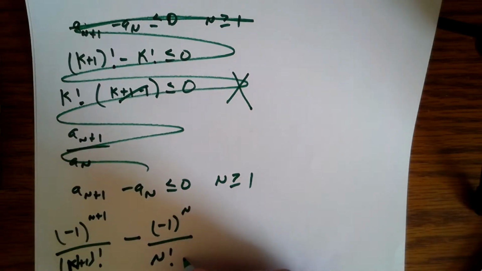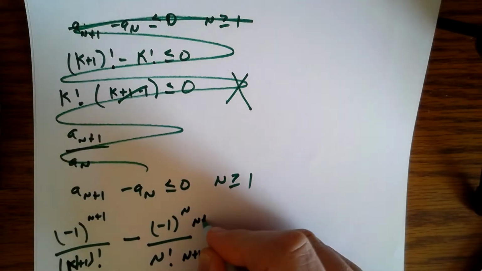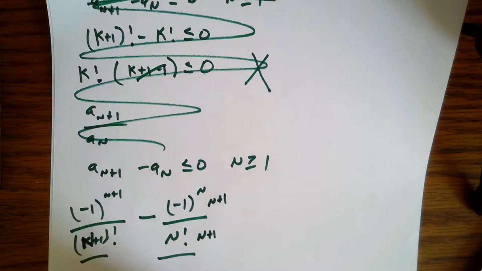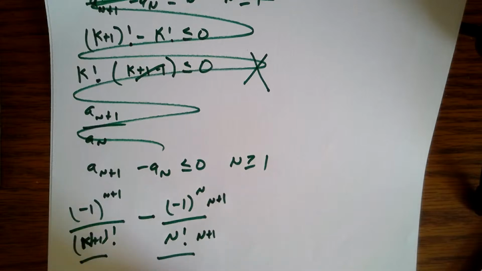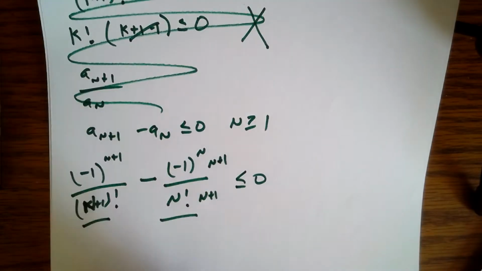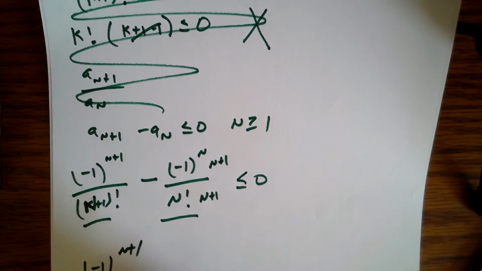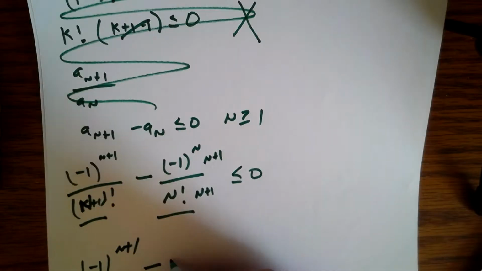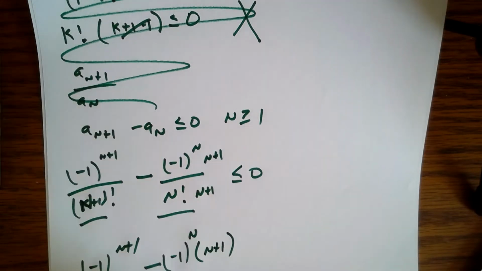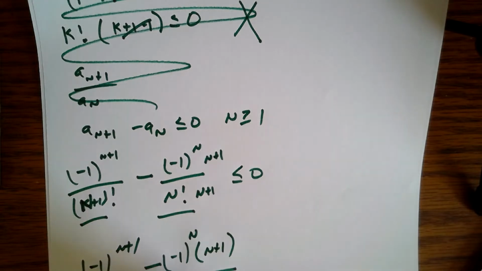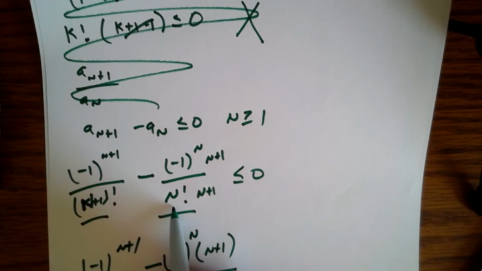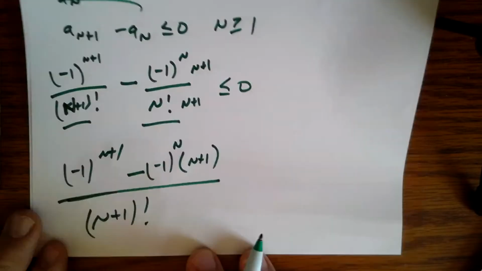So I'm going to multiply this one by n plus 1 over n plus 1. And I have to show that that's less than or equal to 0. So I get negative 1 to the n plus 1 minus negative 1 to the n, all over n plus 1 factorial, because if I multiply n factorial by n plus 1, I get n plus 1 factorial.